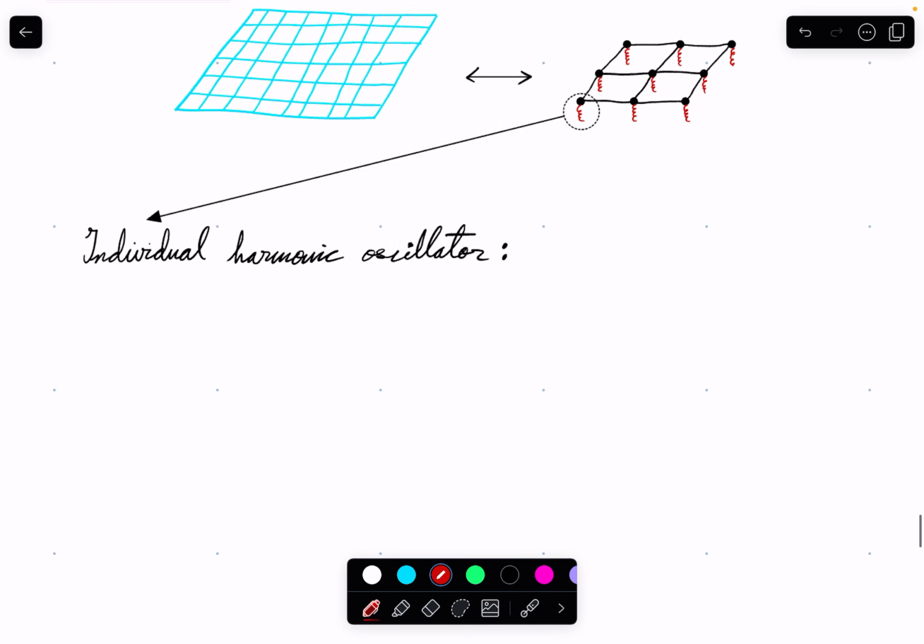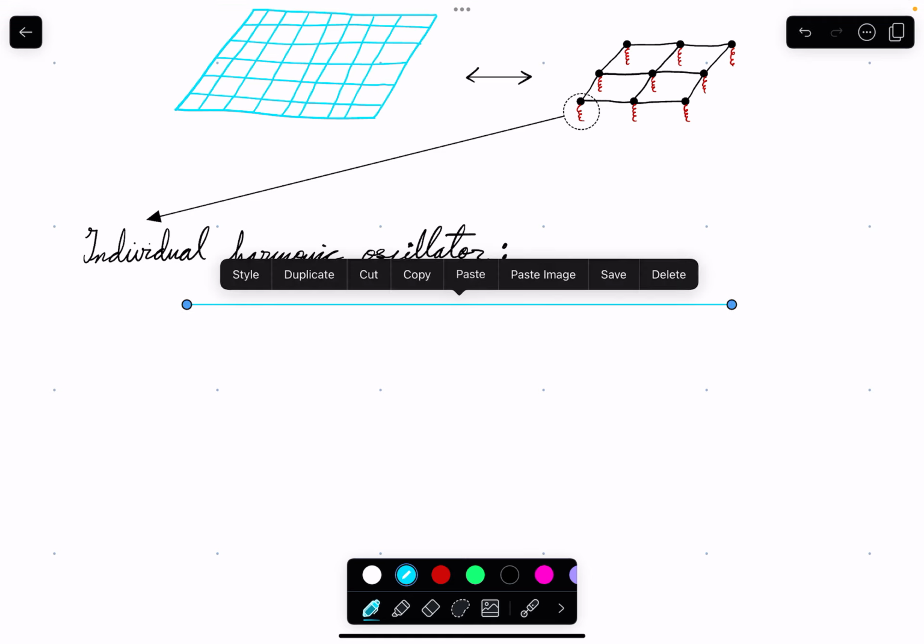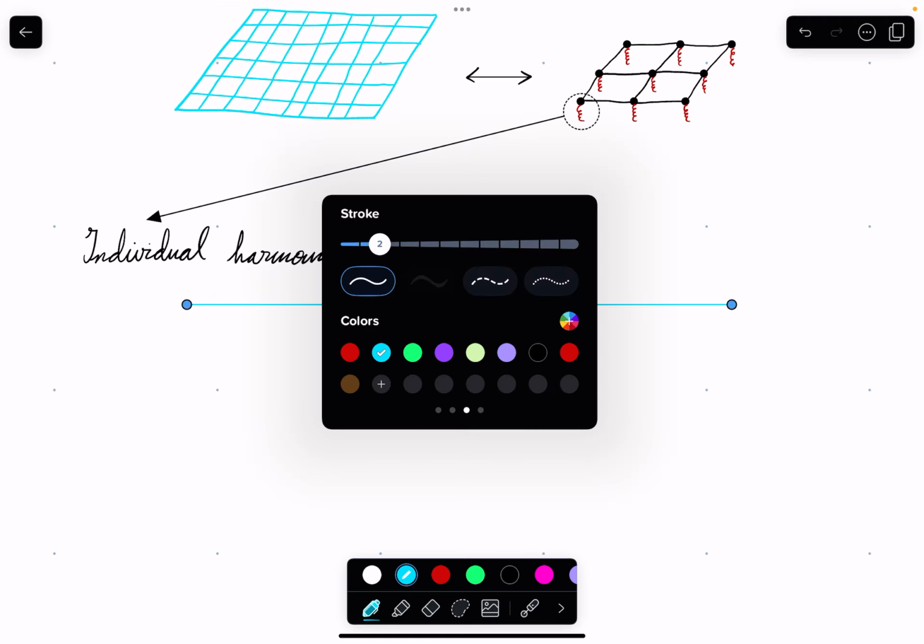So we have some kind of equilibrium position.